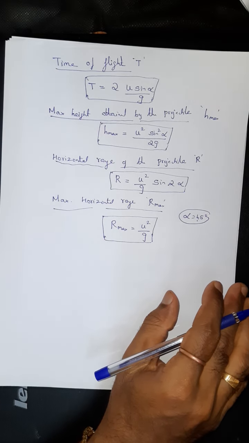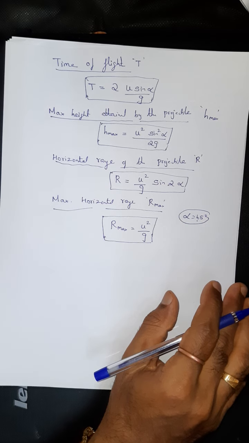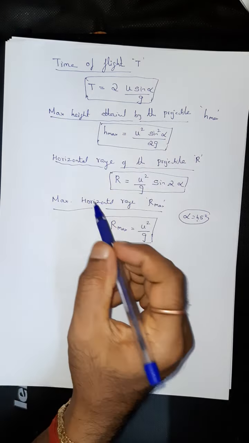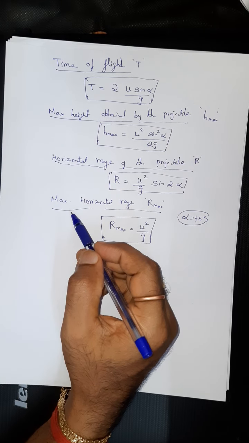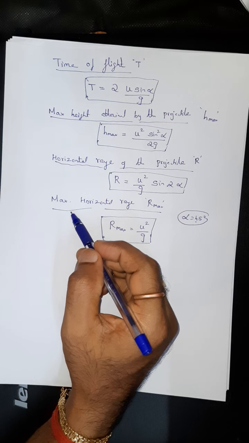These are the formulas you have to memorize: the time of flight, the maximum height attained by the projectile, the horizontal range of the projectile, and the maximum horizontal range.